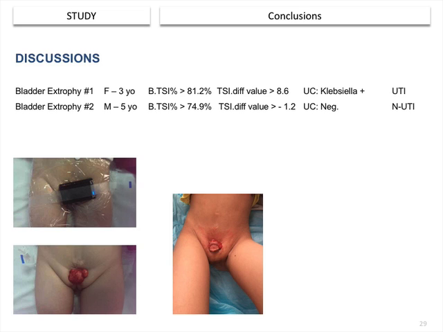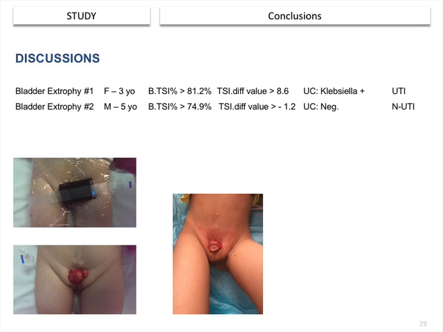We had two trials come for the follow-up, and we did both. Interestingly, before seeing the urine culture result, which came 2 days later, the bladder TSI in one of them was high, 81%, and the TSI diff was more than 5.2, 8.6.